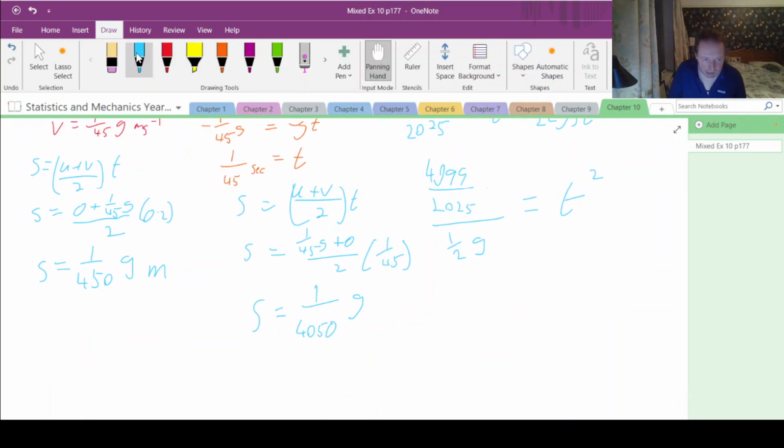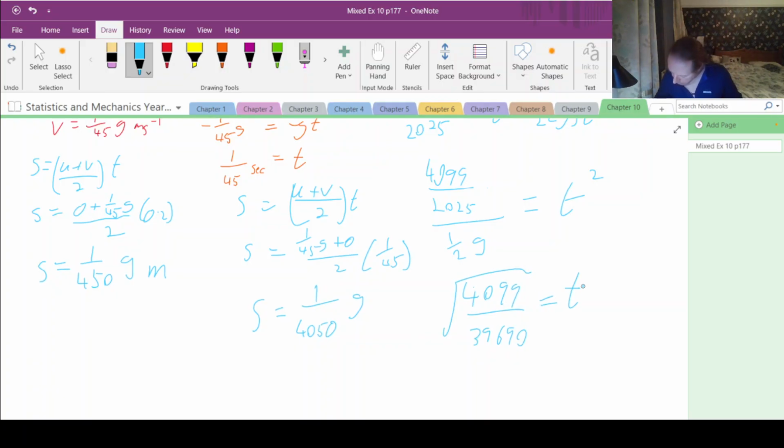I feel like this is getting a bit silly, but we will carry on. 4099 over 39690. Okay, square root of that should give me t. Just all of that work to put it into nice fractions, and it gives me something like 0.32136.